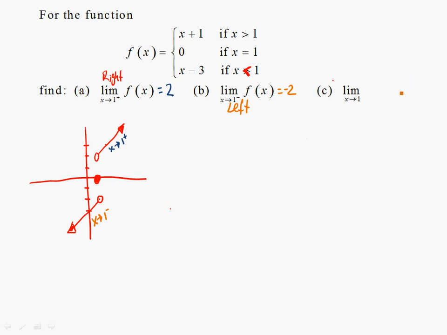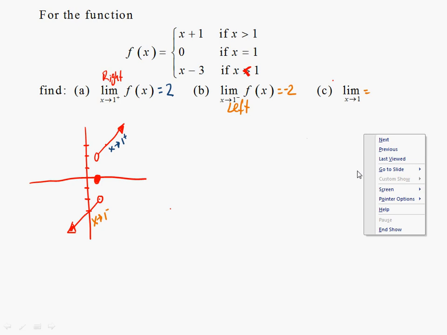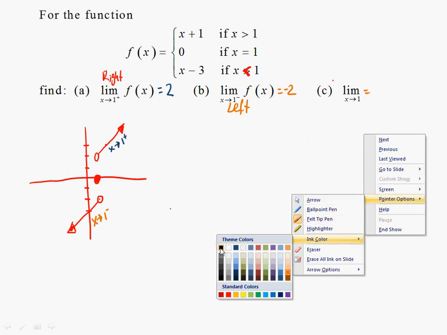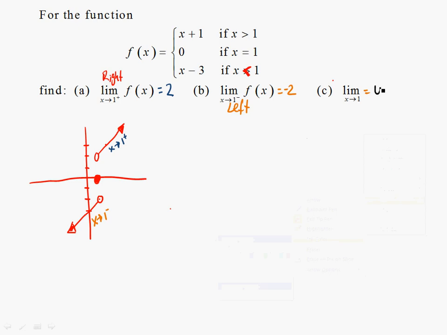So what do we say then about the limit as x approaches 1? It's undefined, because the left limit, I'm going to change the order a little bit, the left limit does not equal the right limit.